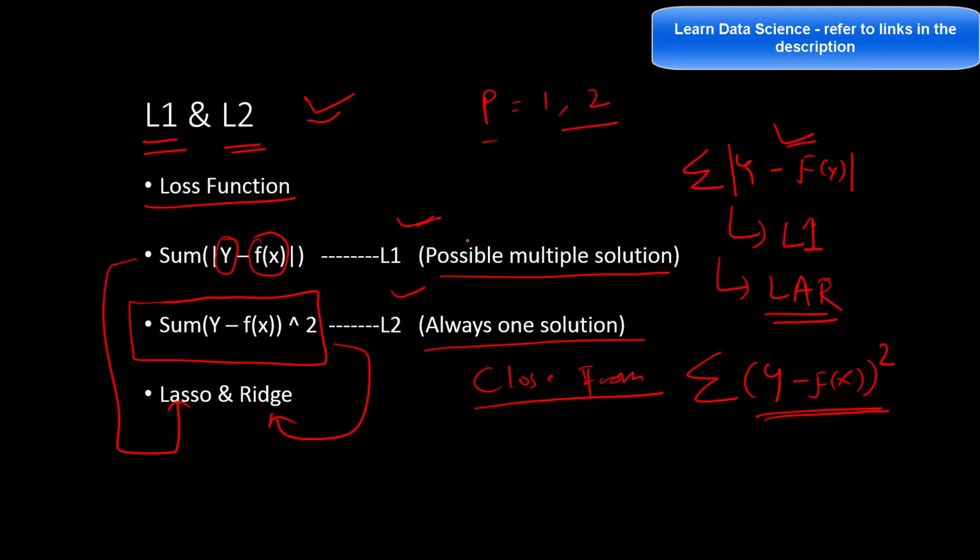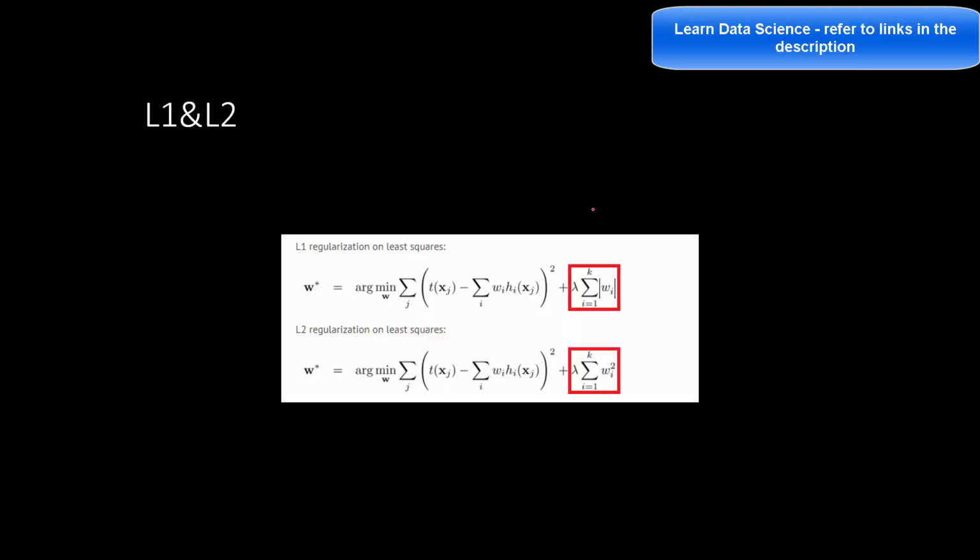So how do we relate this to regularized terms? Now we have learned about the L1 and L2 loss functions, but what are L1 and L2 regularization? In L1 regularization, we add a regularized term to the least square.